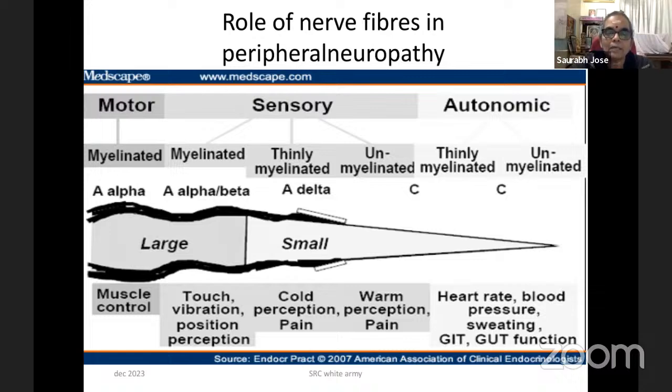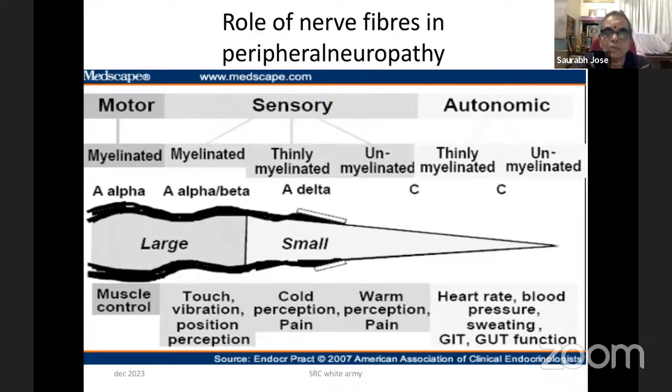Thinly myelinated is A delta, that is fast fiber, and unmyelinated is C fiber, which is slow pain. Fast pain is A delta, slow pain is C fiber, and you have autonomic fibers, which consist of thinly myelinated as well as unmyelinated fibers. So motor fibers are large myelinated fibers.